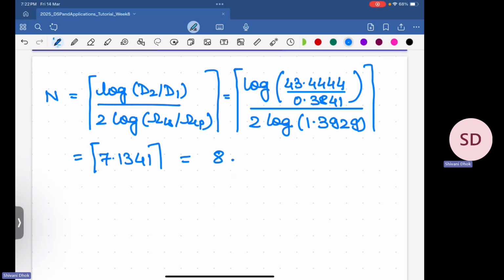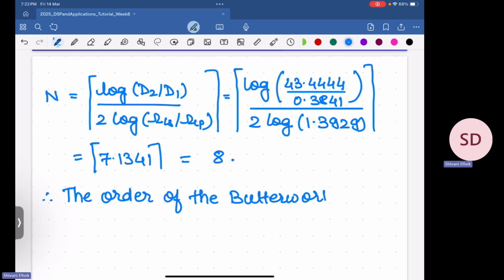So the smallest integer which is greater than this 7.1341 is 8. So therefore the order of the Butterworth filter is n equal to 8.